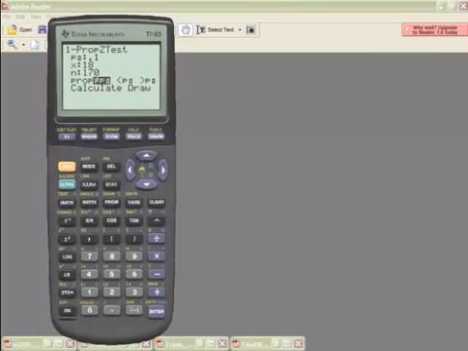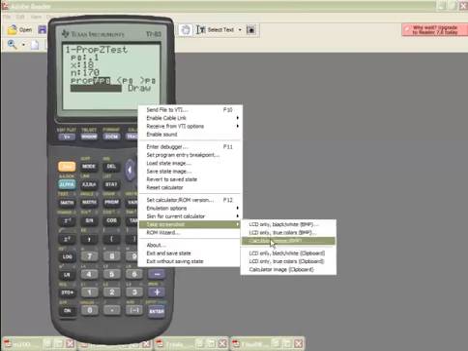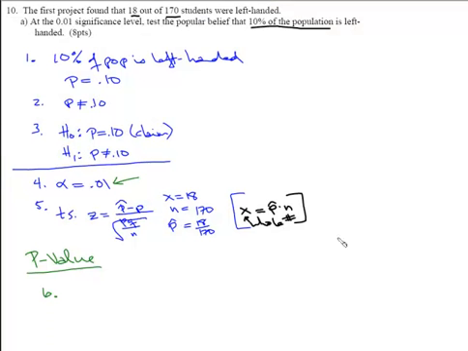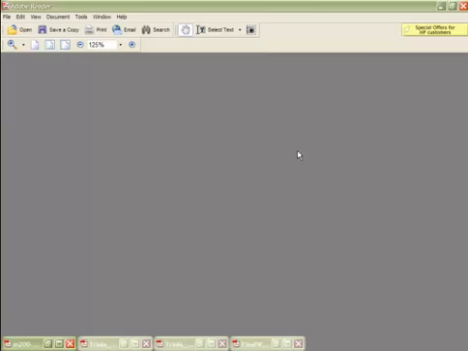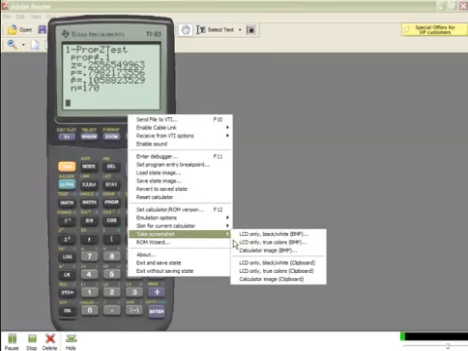And this is, again, our alternative hypothesis. So let's take a quick picture of this so that we can send it to our notes. Calculate. And this is the information that we're going to need.